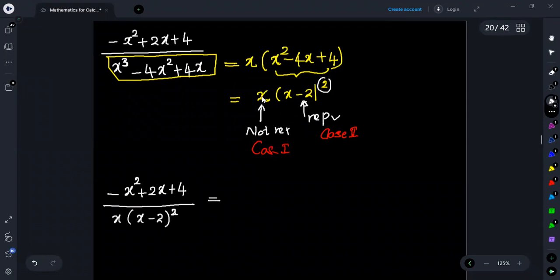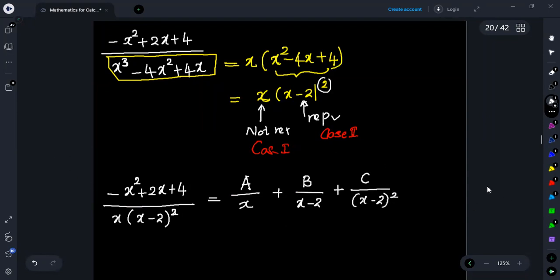Since the first factor is according to case 1, we can write a constant A over the respective factor. The factor is just x. And then since (x - 2)^2 follows case 2, we are going to write the expression as B over the first power of the factor and then another constant C over the second power of the factor.